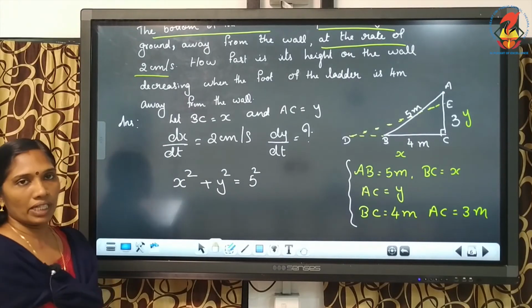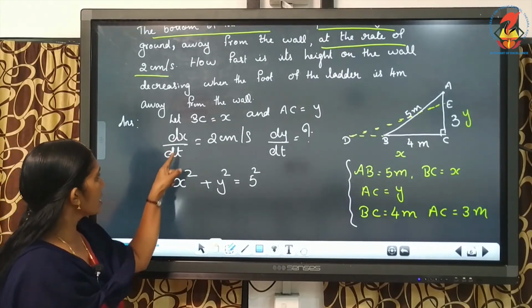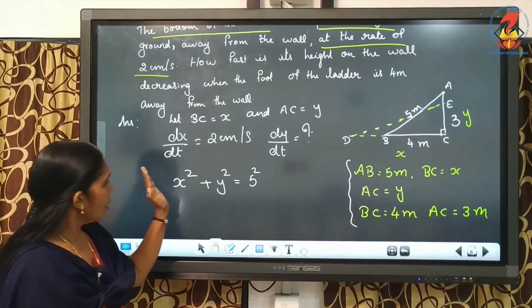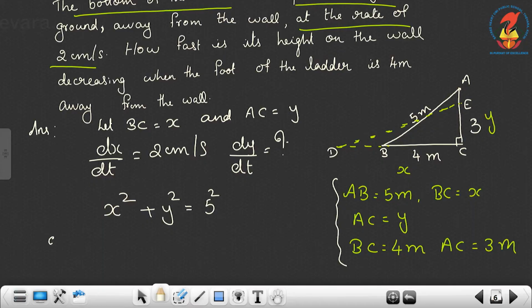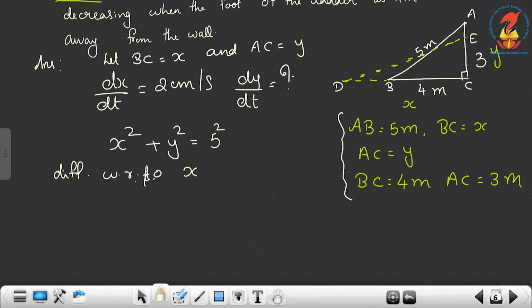Now taking the derivative with respect to what? Here it is given with respect to time. So differentiate with respect to time, both sides. So what is the derivative of x square? x square plus y square is equal to 25, take d by dt of this.